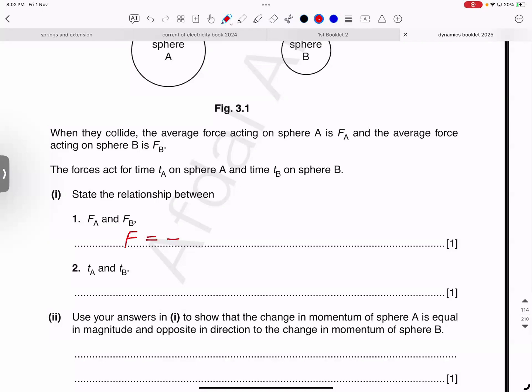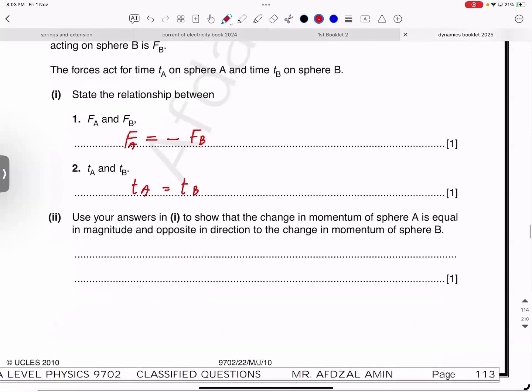Forces are equal and opposite. Time of impact is same. It is a scalar quantity. You can't write negative or positive. FA is equal to negative FB, equal and opposite.